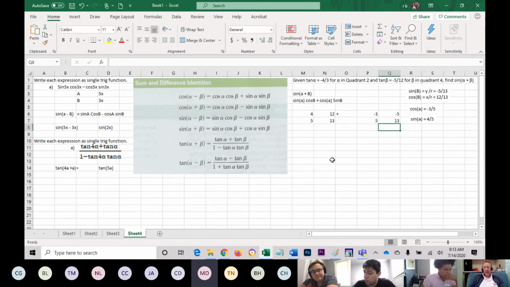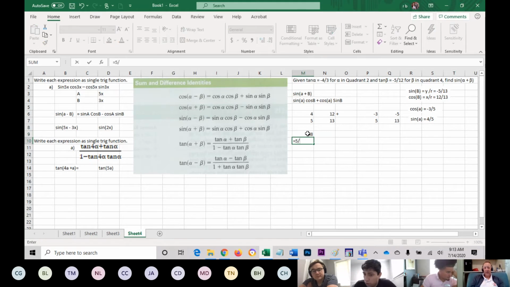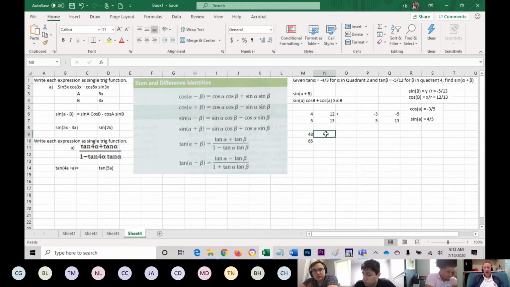Okay. So now 4 times 12 is 48. 5 times 13 is 65, plus negative 3 times negative 5 is 15 over 5 times 13, which is 65.